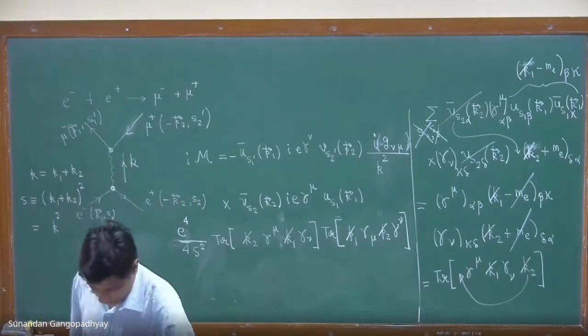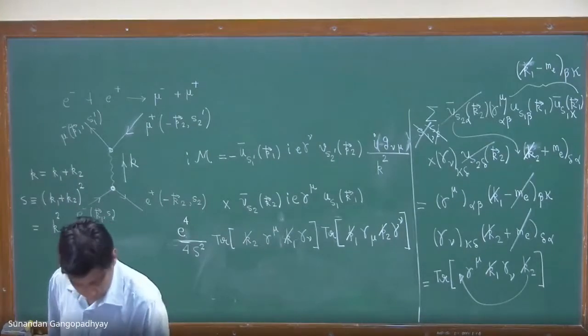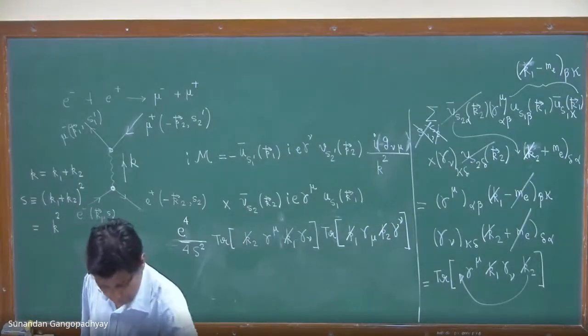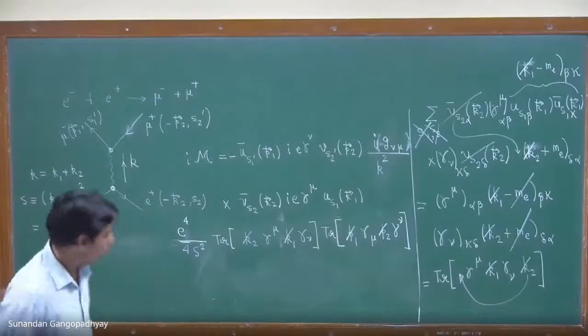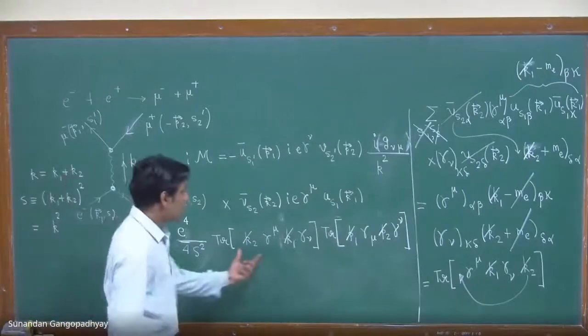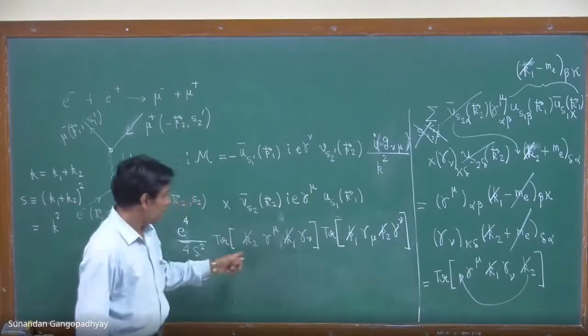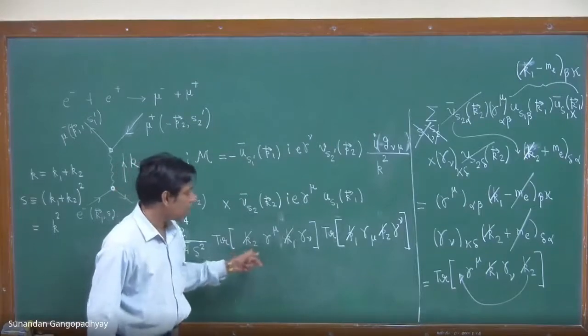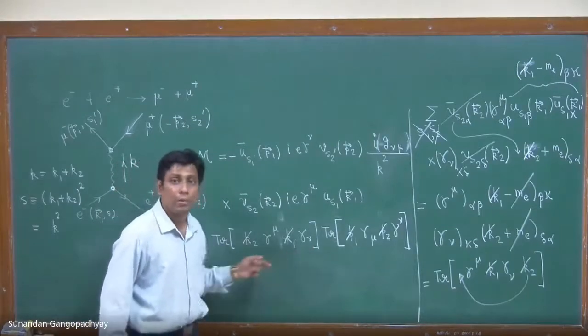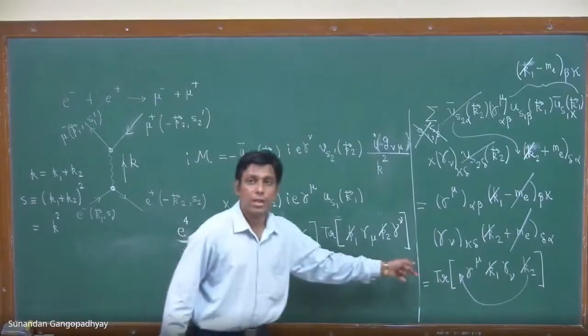And if you just apply the formulas for the traces of the gamma matrices, then I hope you can calculate this, right? Because you can see that this is the trace of the product of 4 gamma matrices. This is also the same.